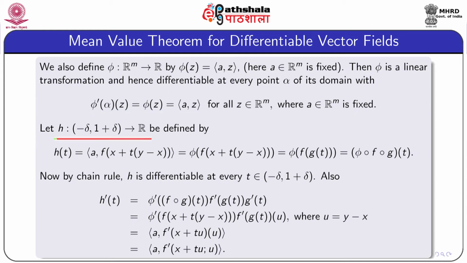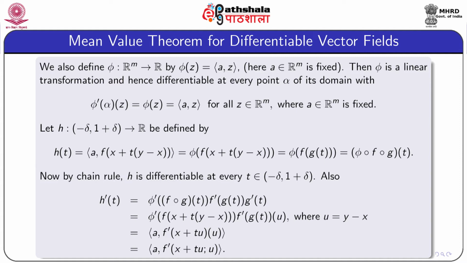We define another function h from the open interval (minus delta, 1 plus delta) to R by h(t) equal to the inner product of a with F(x plus t(y minus x)), that is phi operating on F(x plus t(y minus x)), that is phi operating on F(g(t)), that is phi composed with F composed with g operating on t. By chain rule, h is differentiable at every t belonging to the open interval (minus delta, 1 plus delta).